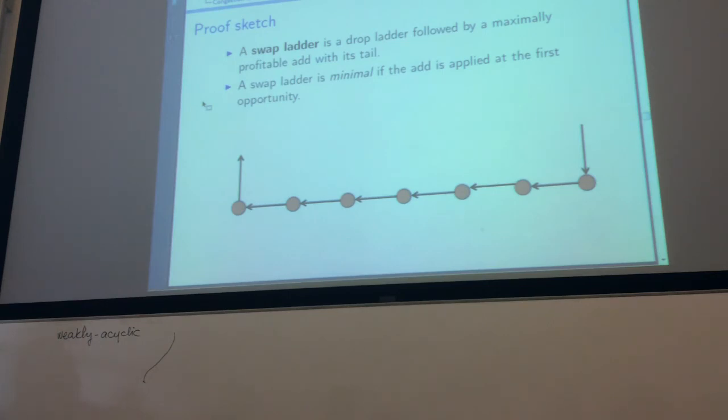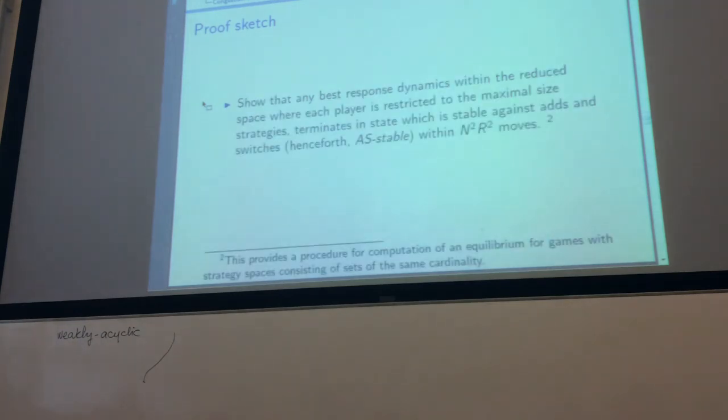And then we can show that having applied only those sequences of moves, we will get a Nash equilibrium. Why is that? I'm not going to prove everything. I'll just give you the milestones in the proof.